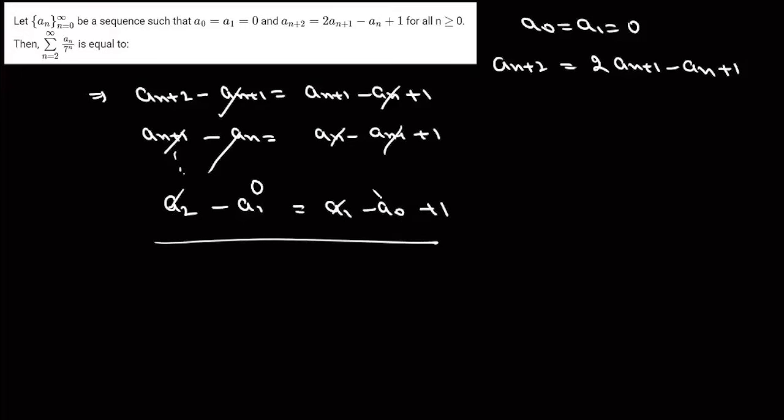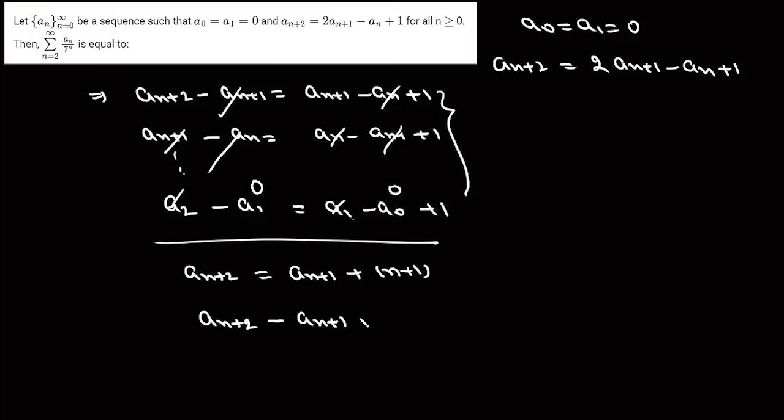Now a1 is 0 and a0 is also 0. So we can write an plus 2 is equal to an plus 1 and plus 1 plus 1 plus 1, now this starts from 1 to n plus 1. So it'll be n plus 1. So from here we can write an plus 2 minus an plus 1 will be equal to n plus 1.